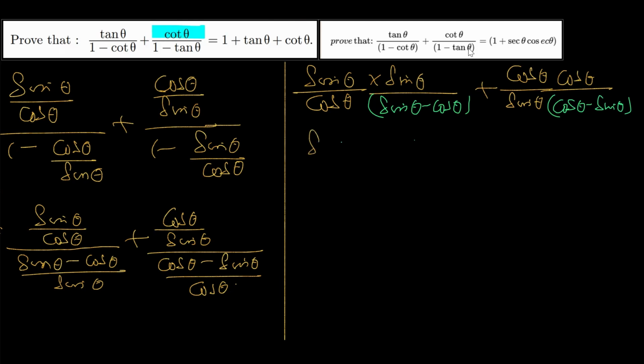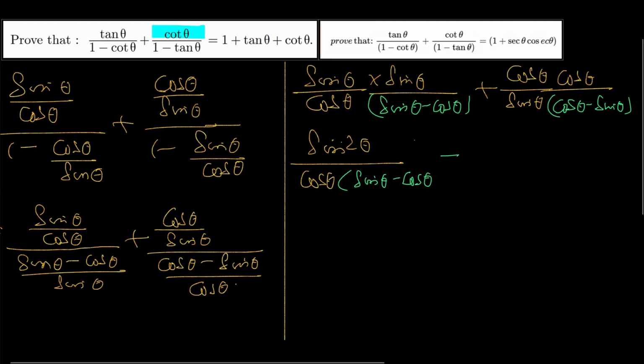So the numerator will result in sine square theta. Below this is cos theta, multiplied by sine theta minus cos theta. And as I said, I'm taking minus common from here, so this sign will be influenced.